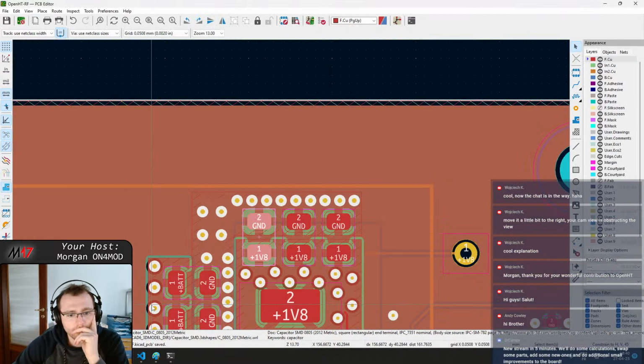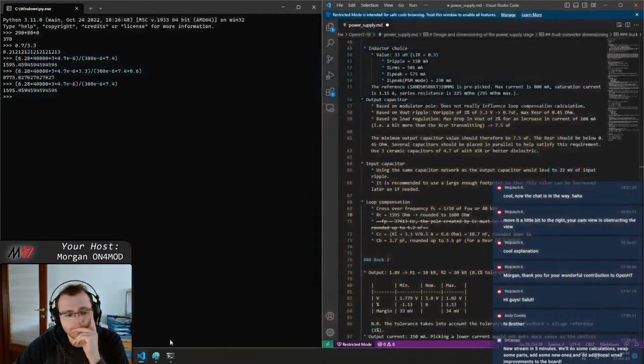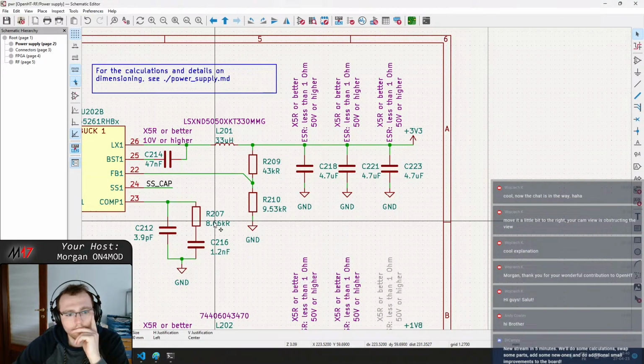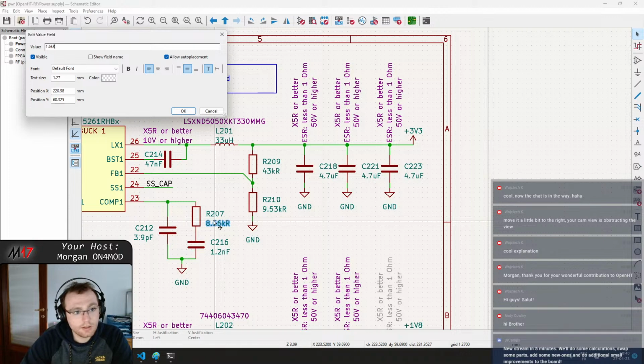So no, sorry, I'm gonna close that. This one is now 1.6 kilo ohms.